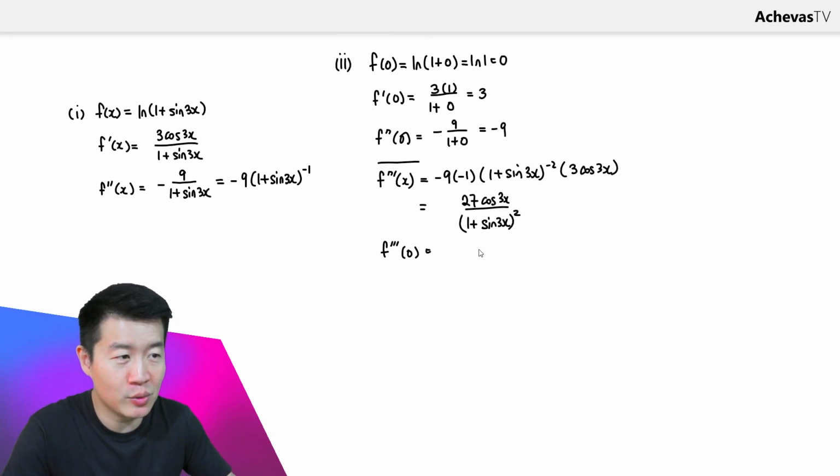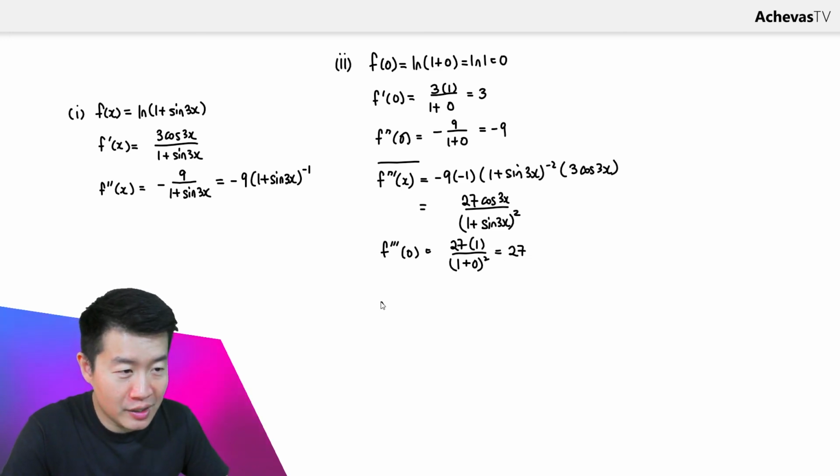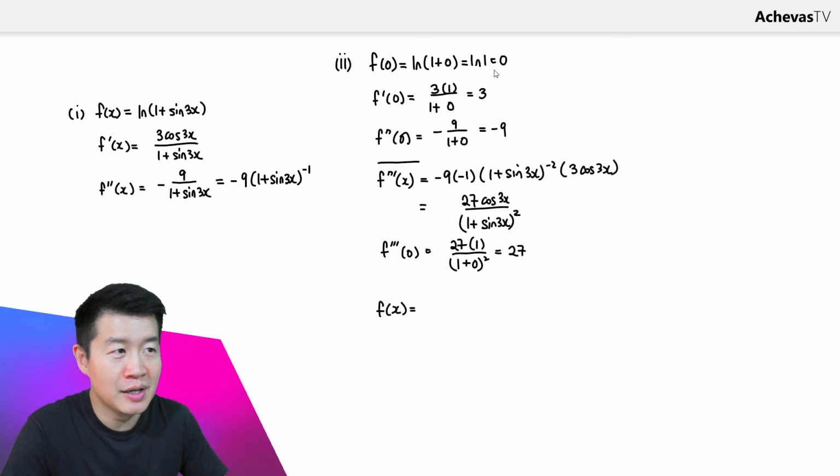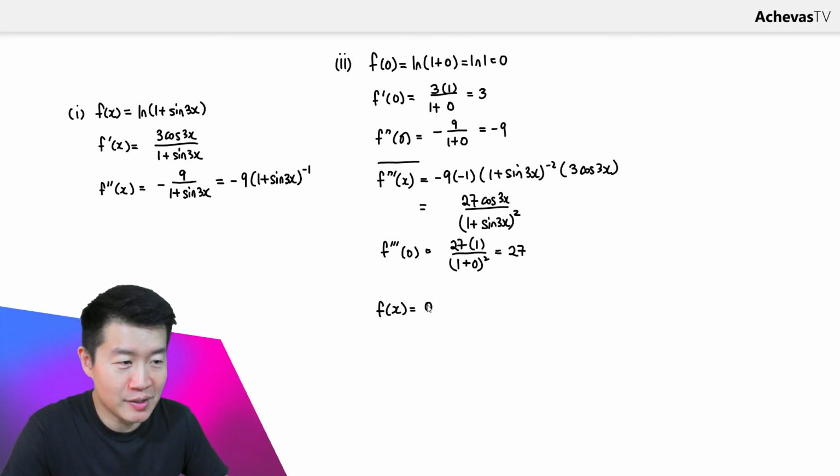Let's see whether this is going to contribute for us the third non-zero term. So letting x be equal to 0, we have a 27 cosine 0 is 1 divided by (1 plus 0) squared. So this is going to give us our third non-zero term, 27. So now we can express f(x) into the first three non-zero terms. The very first term happened to be 0.